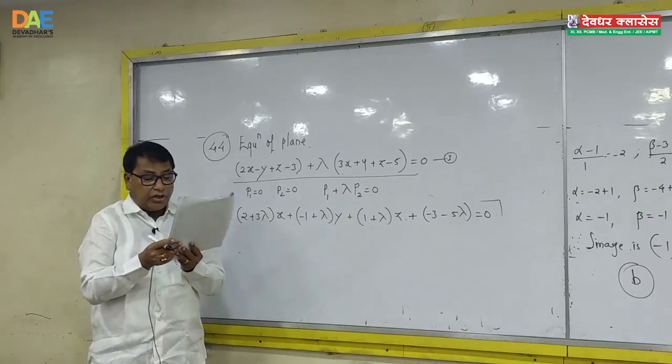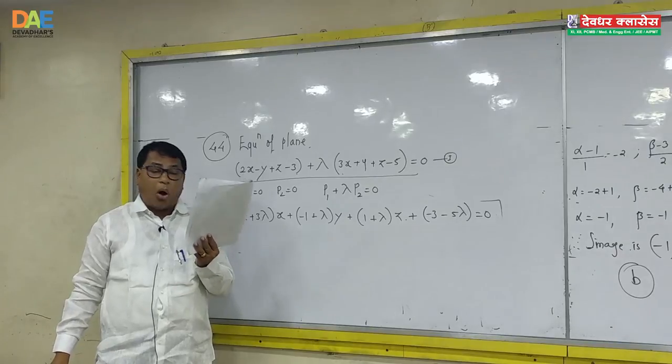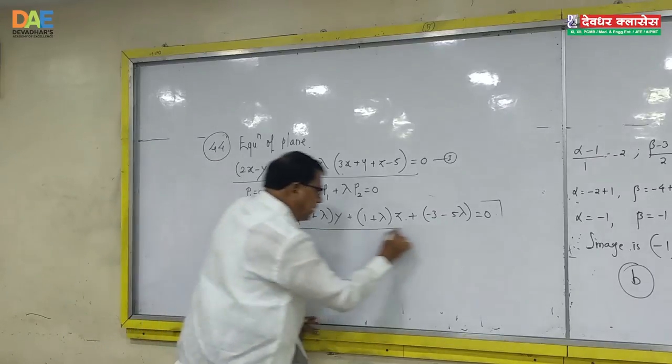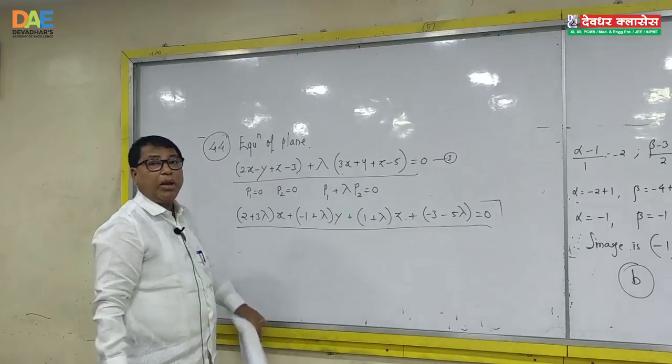What is the given condition? The point (2, 1, minus 1) is at a distance of 1 upon root 6 from the plane. That means this is a plane, and its distance from the point (2, 1, minus 1) is 1 upon root 6.